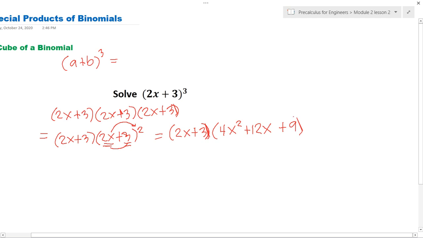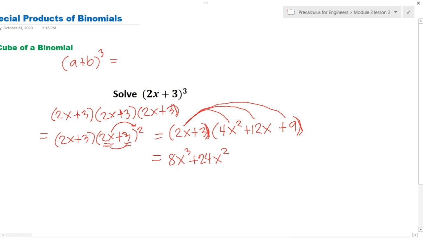Then in this example, i-distribute mo na siya. So i-distribute mo na yung 2x sa 4x squared, 2x patungong 12x, and then 2x patungong 9. So you have 2x times 4x squared, you have 8x cubed. How about 2x times 12x? So you have positive 24x squared.